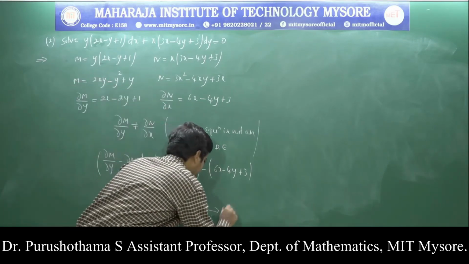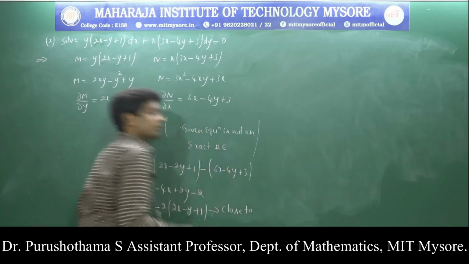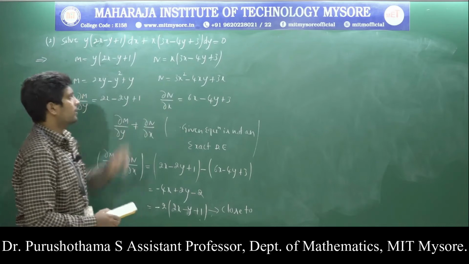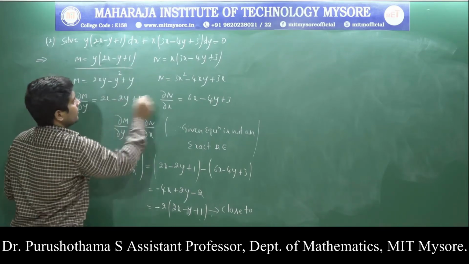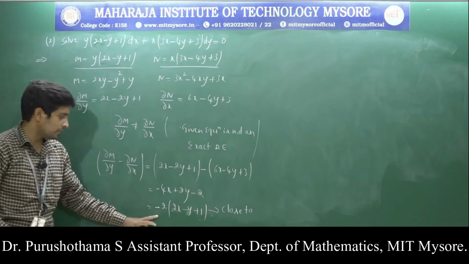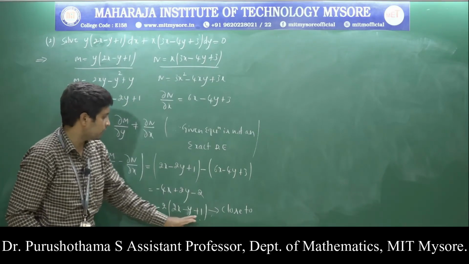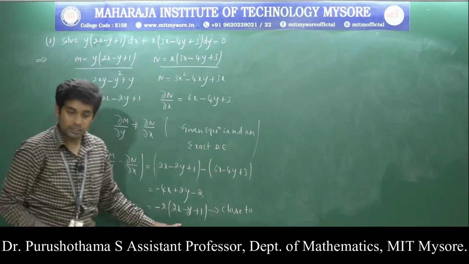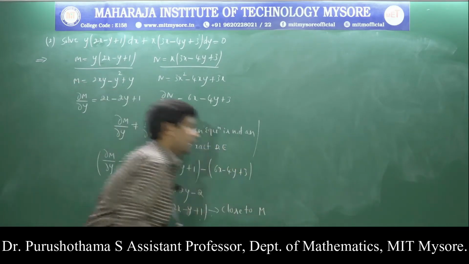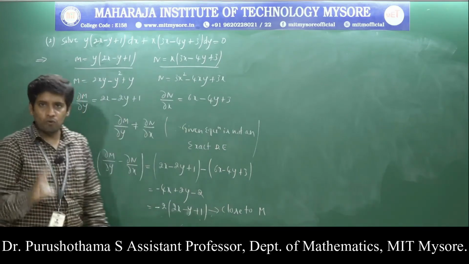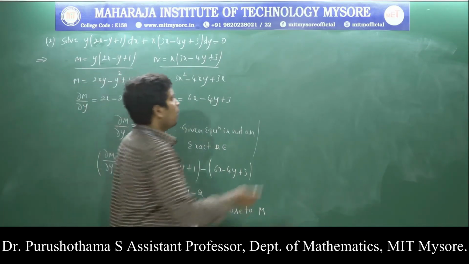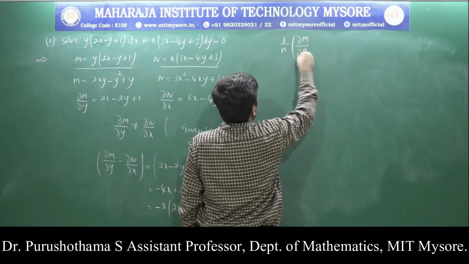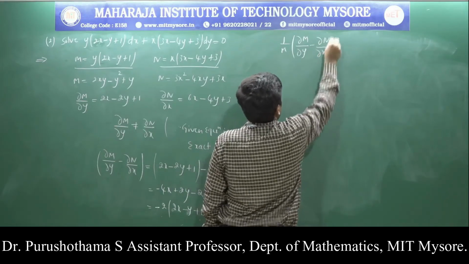Now identify whether this expression is close to M or N. M is y times (2x minus y plus 1), so this expression is close to the expression M. Therefore we need to compute 1 by M times (M with respect to y minus N with respect to x).